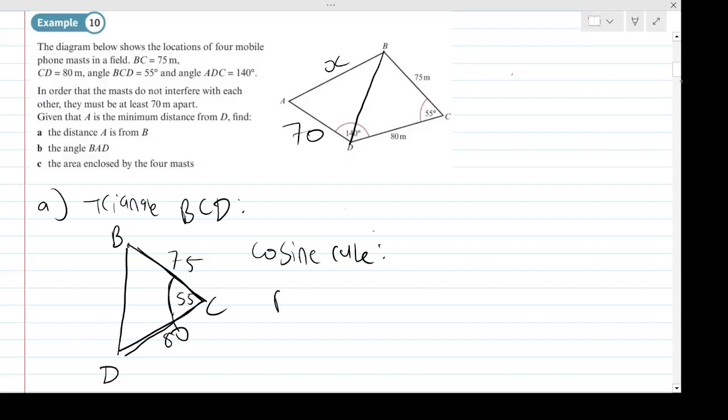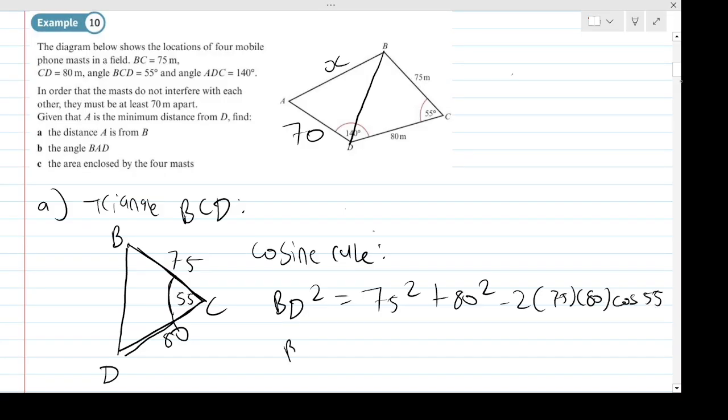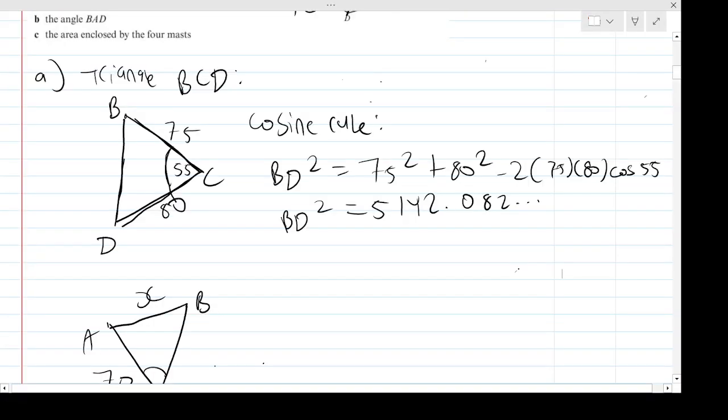So this side BD squared is going to be the two sides all squared, take away 2 lots of 75, lots of 80, cosine of 55. If I do that in a calculator, I get 5,042.082 dot dot dot.